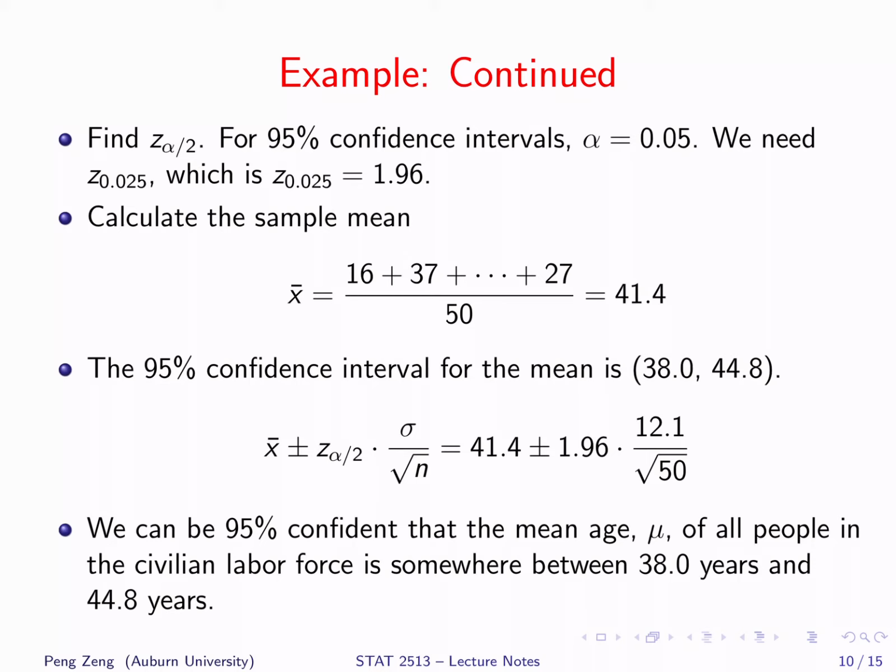When we choose plus in the formula, we get 44.8, the upper end of this interval. When choosing minus in the formula, we get 38, the lower end of this interval. We can be 95% confident that the mean age, mu, of all people in the civilian labor force is somewhere between 38 years and 44.8 years.